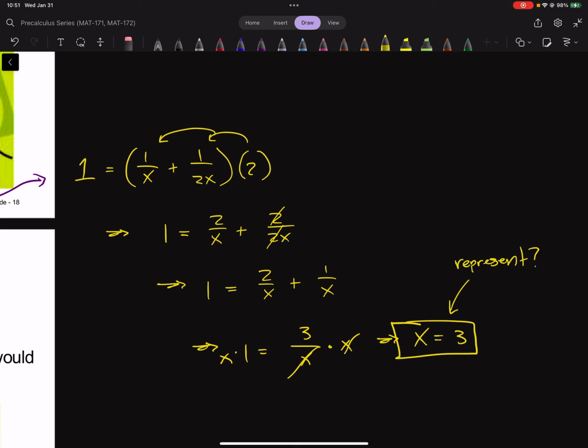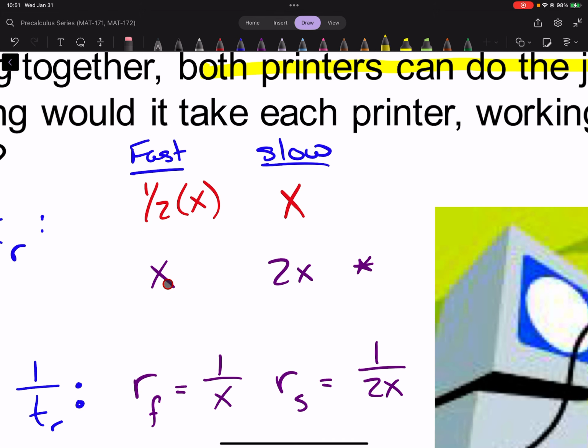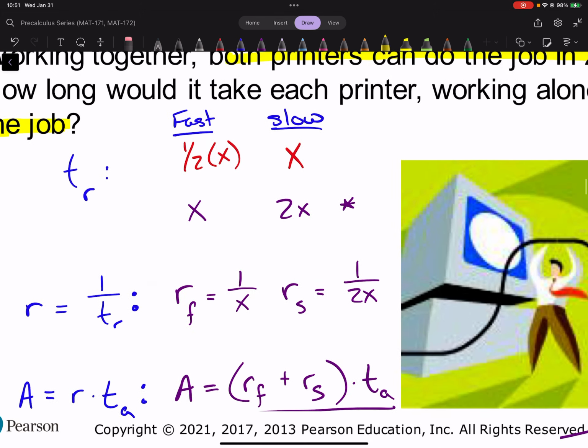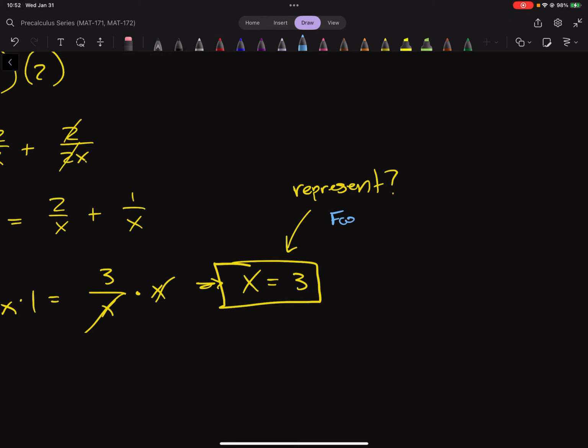All right. X equals 3 represents the time it takes, in my case, the fast printer to complete the job. So x equals 3 is the time it takes for the fast printer to complete the job. Fast printer's required time.